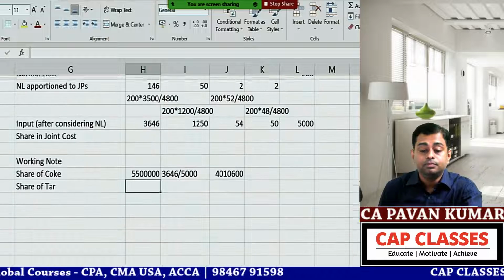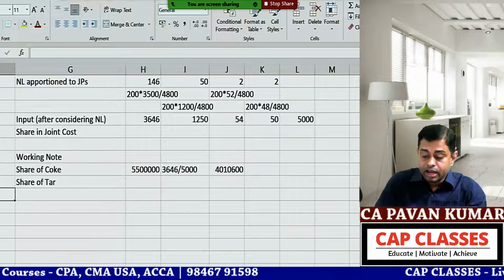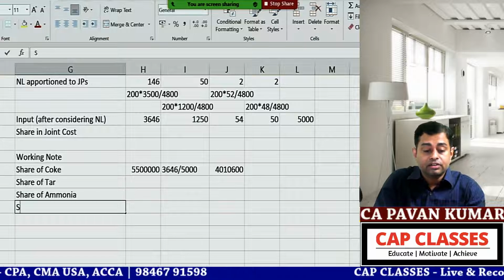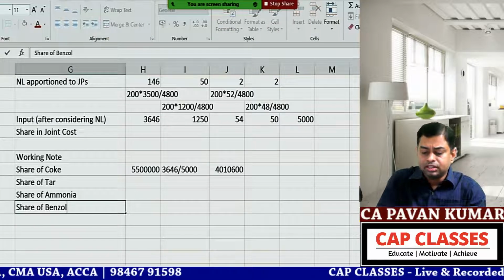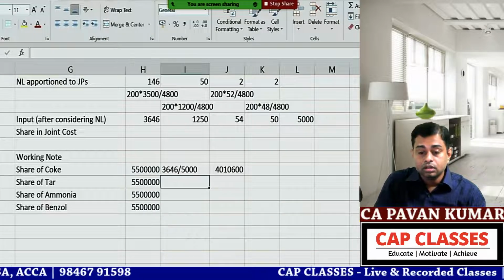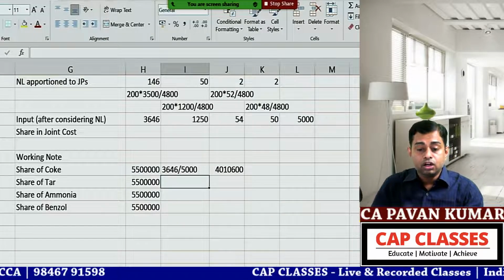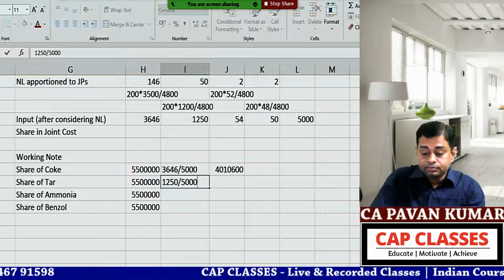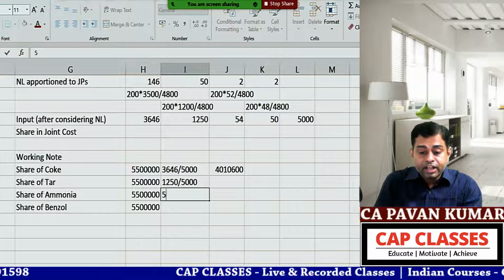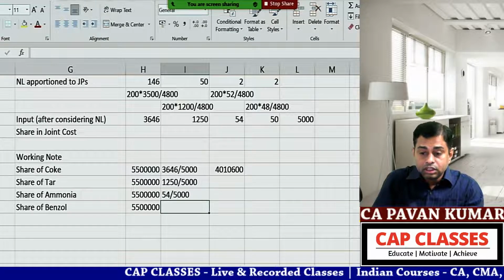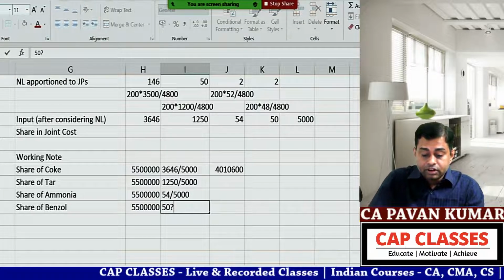Next, share of tar, ammonia sulfate, and benzol. So the ratio will be 1,250 divided by 5,000, then 54 divided by 5,000, then 50 divided by 5,000.